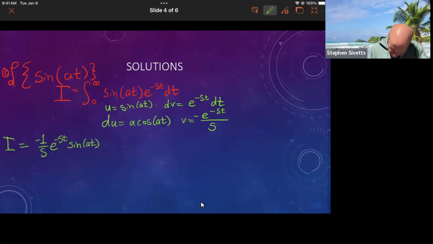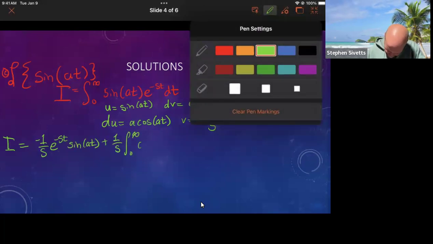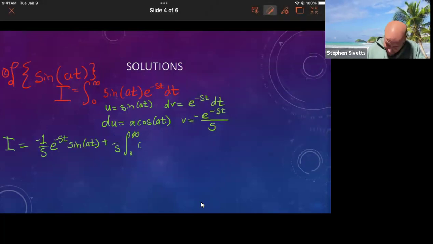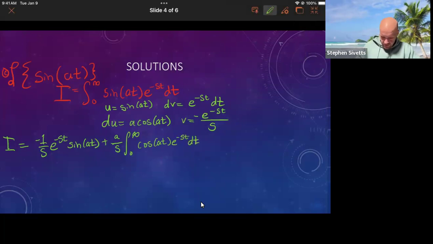So minus v du, that would be plus 1 over s times the integral from 0 to infinity of, or I should say a over s, cosine at times e to the negative st dt.